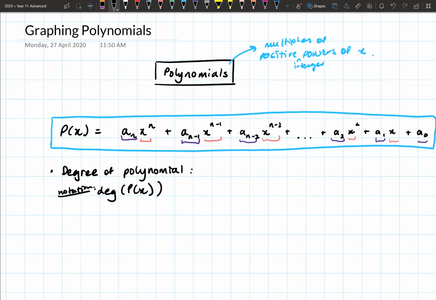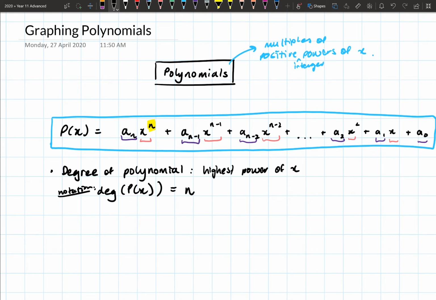The degree is just the highest power of x. In the example above, we're looking for the highest little number above x in the polynomial. The n term is the highest power of x, because every term below it is smaller than n. So here, the degree is n.